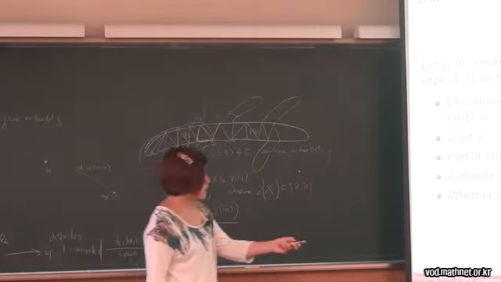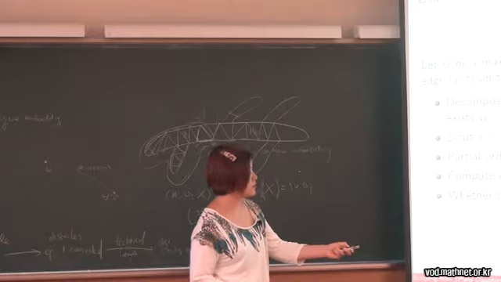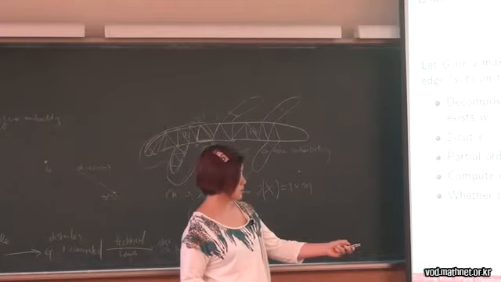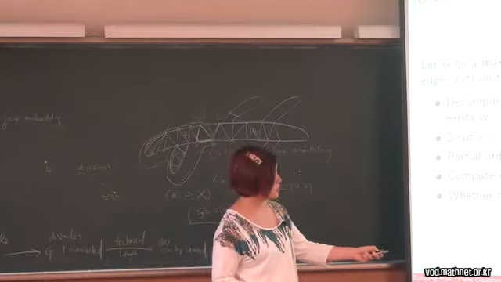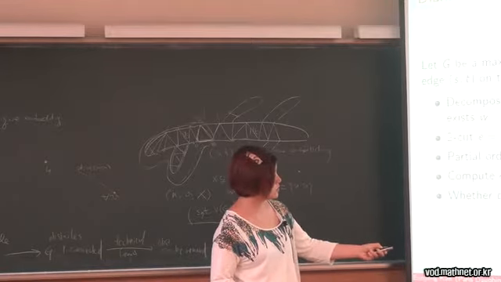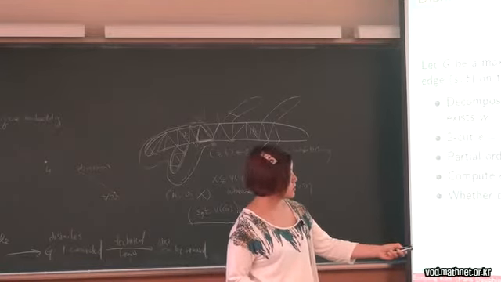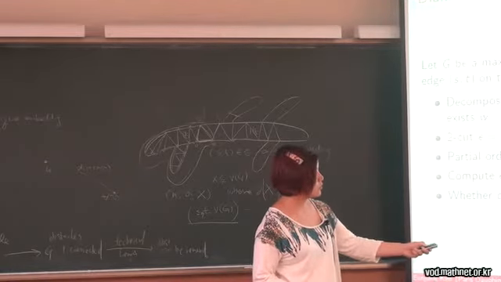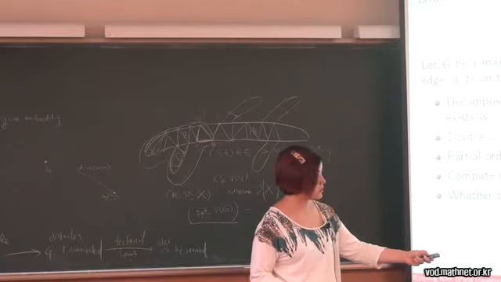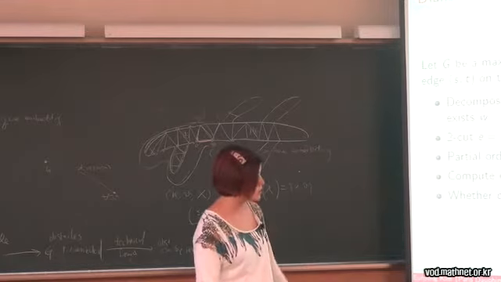And for each such tuple, I can give a partial order, so that u, v, x is larger in the order than u prime, v prime, x prime if x is bigger, that is, if it properly contains x prime.